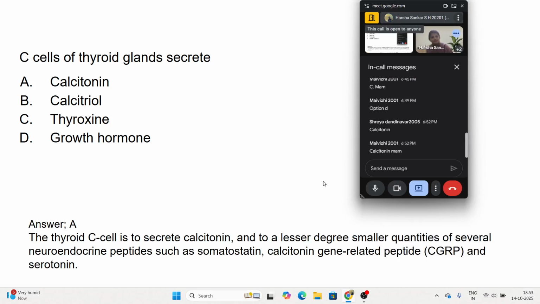The thyroid C cell secretes calcitonin, and to a lesser degree, very small quantities of neuroendocrine peptides such as somatostatin, calcitonin gene-related peptide (CGRP) and serotonin. All of these can also be secreted from C cells, but the main secreted hormone is calcitonin.